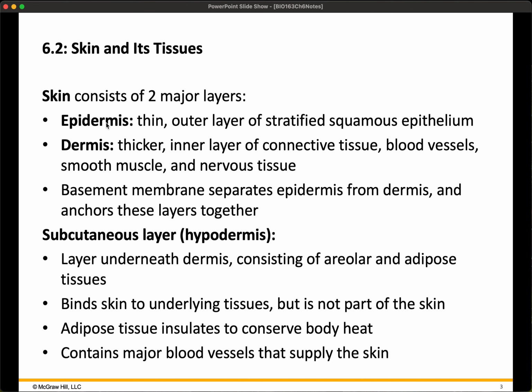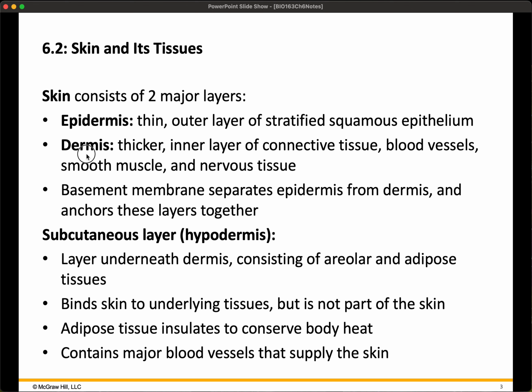But primarily the skin is going to consist of the epidermis, which is epi, upon, on the outside. It's that outer layer of stratified squamous epithelium. Hopefully after the tissue lecture you understand what that means: stratified meaning layered, squamous referring to the shape of the cells, and epithelium is that epithelial tissue covering the body.